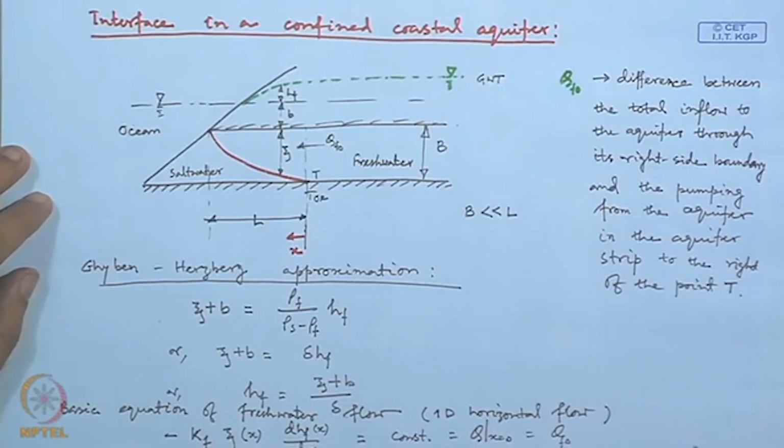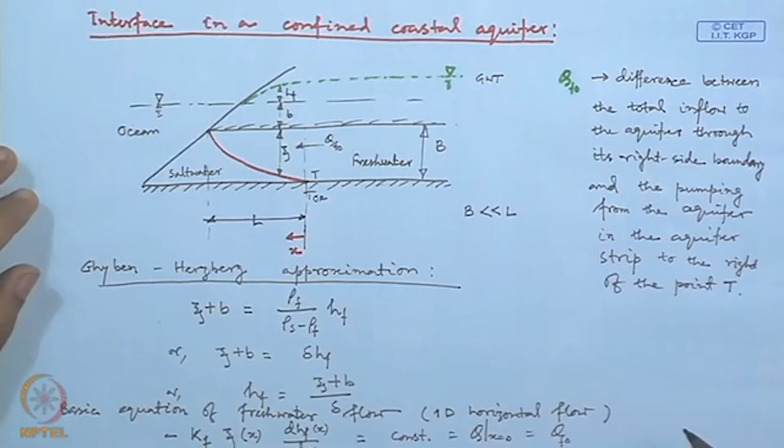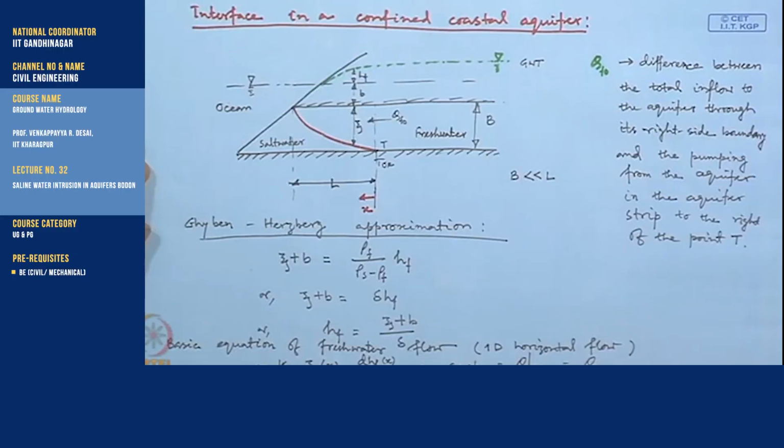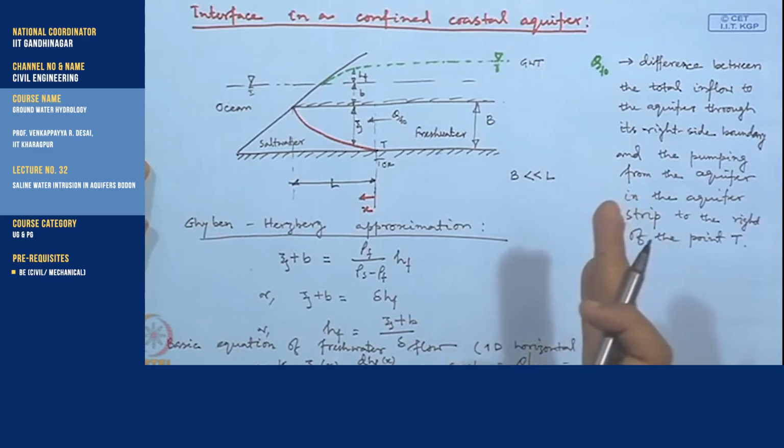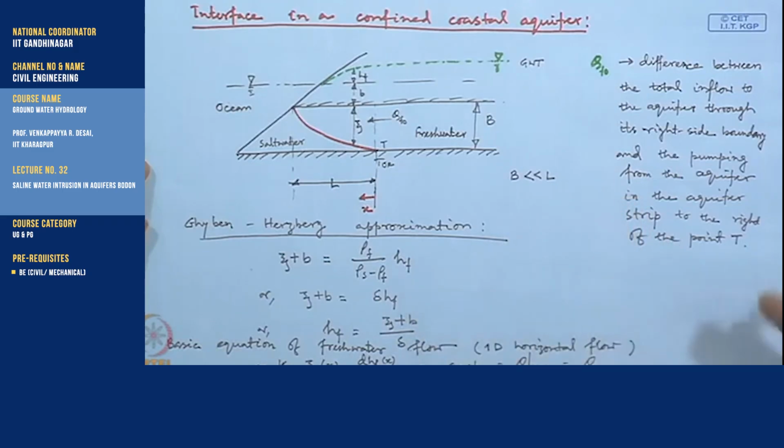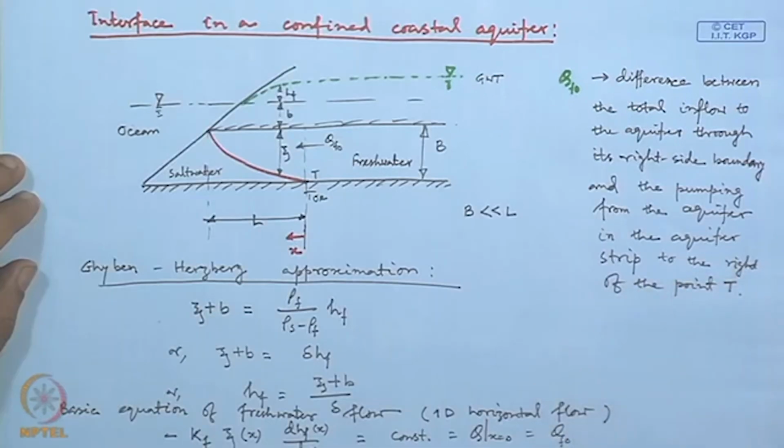So, what is this? This is basically our Darcian flow, which equals the flow coming from the right hand side boundary, and as we have seen, this is the difference between total inflow to the aquifer from the right hand side boundary and pumping from the aquifer.